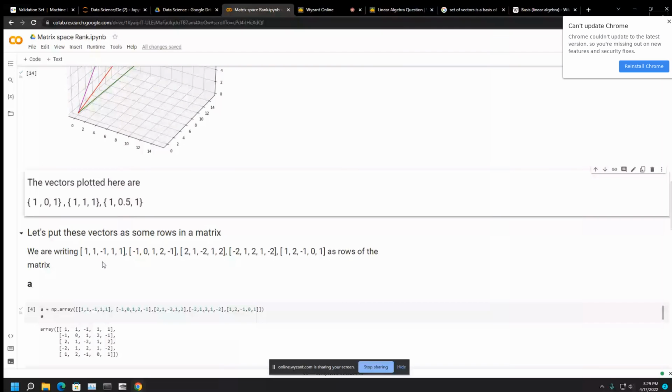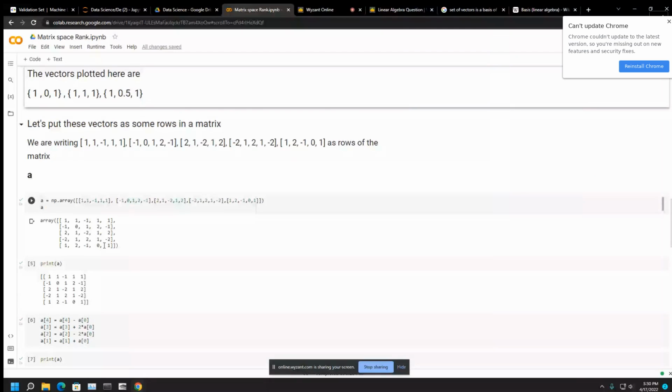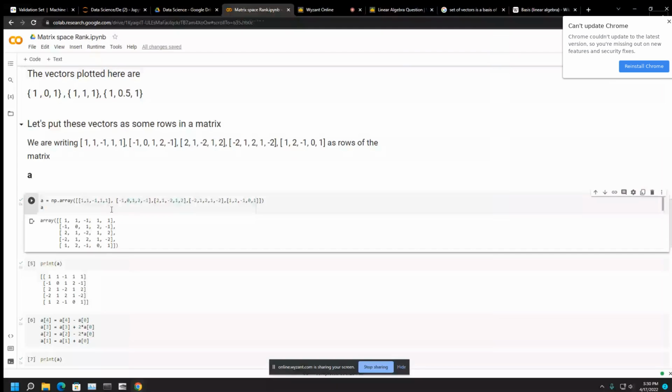But what Gaussian elimination does is step by step it tries to find out how many independent vectors there are in a matrix. So we do it to find the rank of a matrix, which is kind of like the subspace that can be explained by that matrix. So what I'm going to do is make these vectors into a matrix.